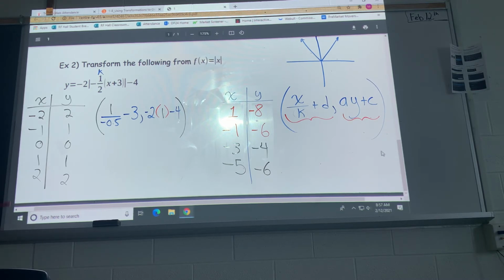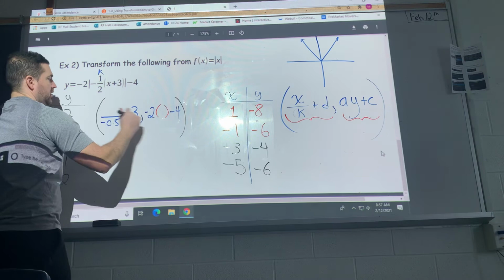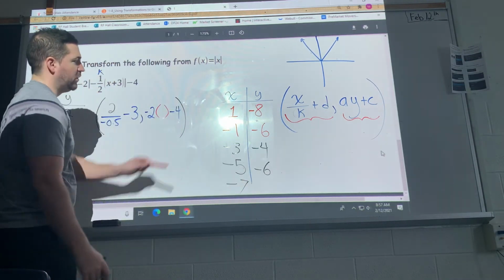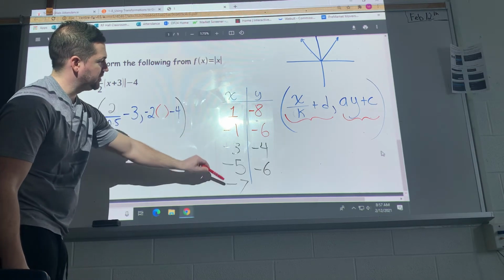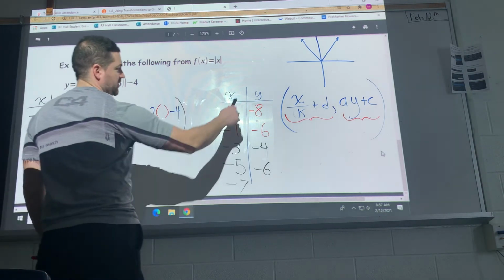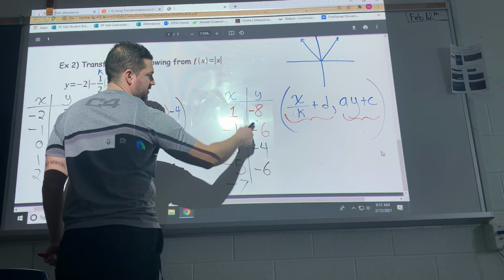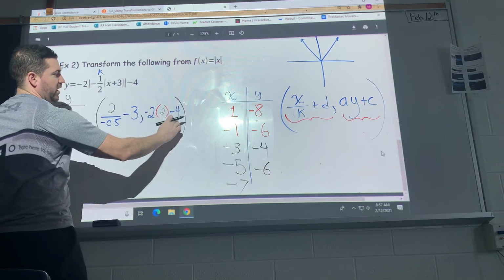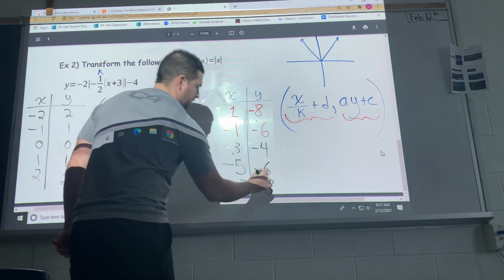And lastly, 2 and 2, -4 and -7. You notice the pattern here, going down by 2s. Okay, and then this one should be -8 because it should reflect. So if I plug in 2, -4 and -4 is -8.